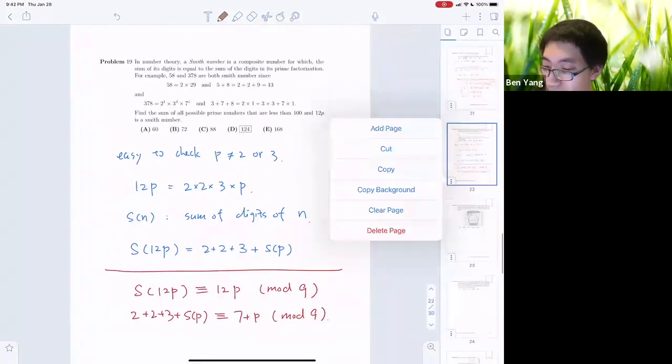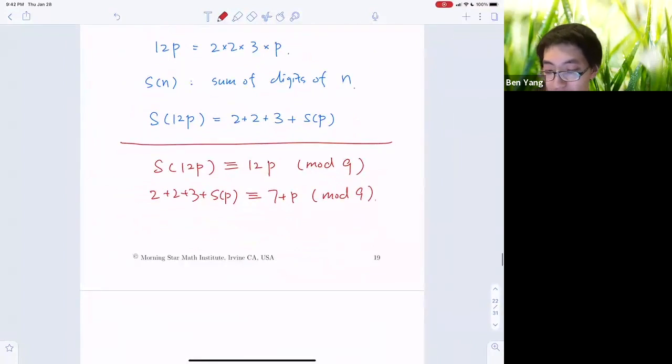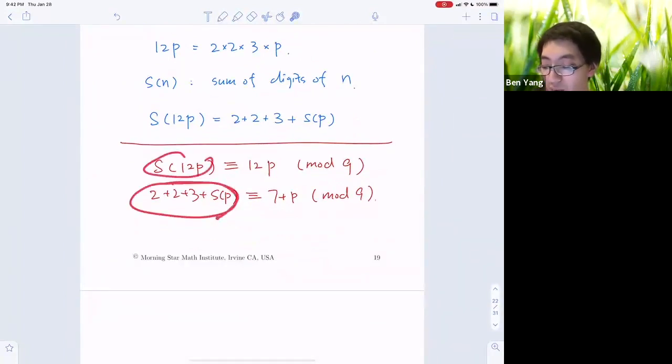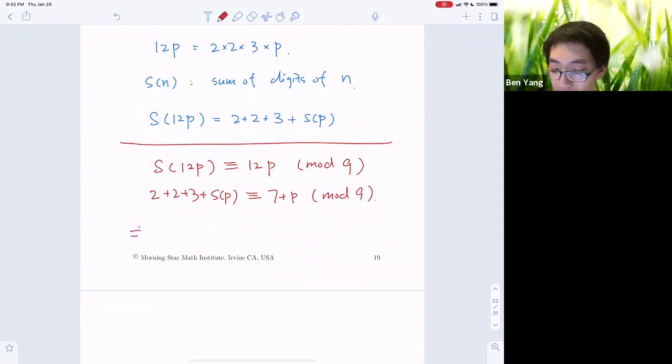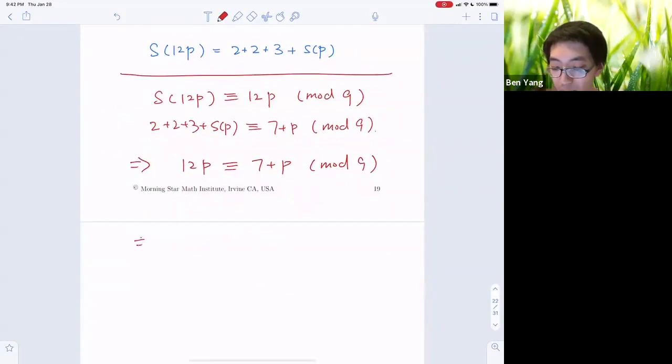Okay, since the left-hand sides of these two congruences are equal from our condition, that means 12P is congruent to 7 plus P mod 9. Cool. So we know that 11P is congruent to 7 mod 9.